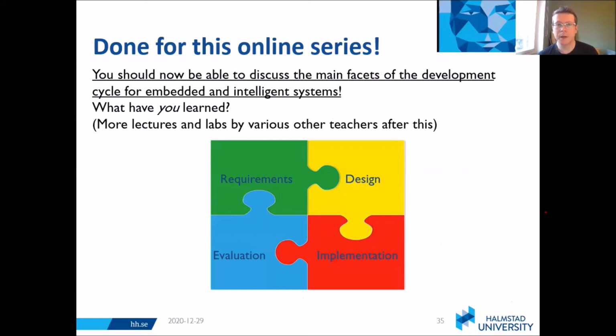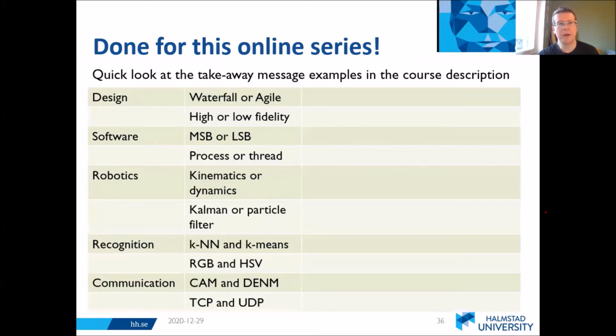If you're taking this course, you'll also attend various other lectures and do other labs with various teachers other than me. And at the end of this, we want to also look at the takeaway message examples in the course description. This is sort of a minimum of what you should take away from this course.